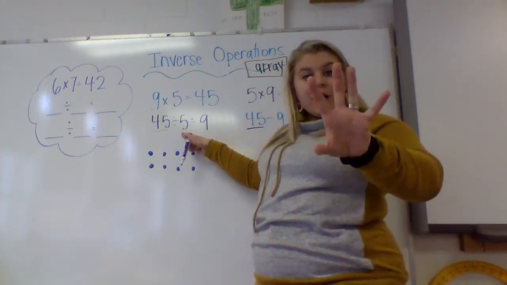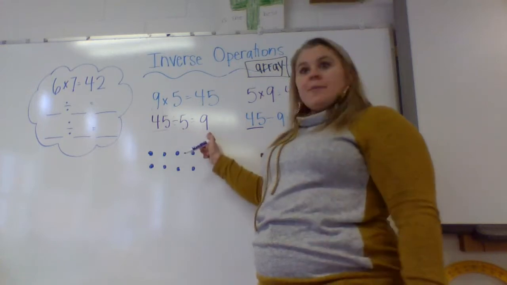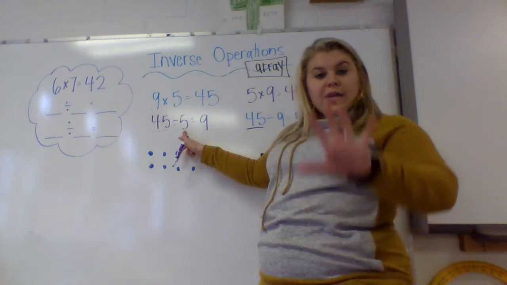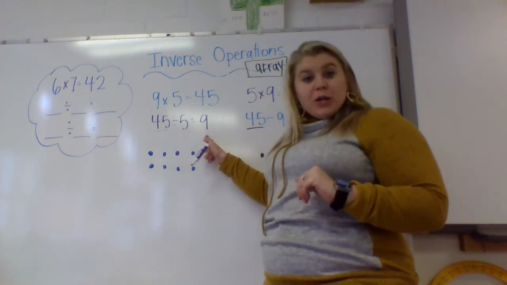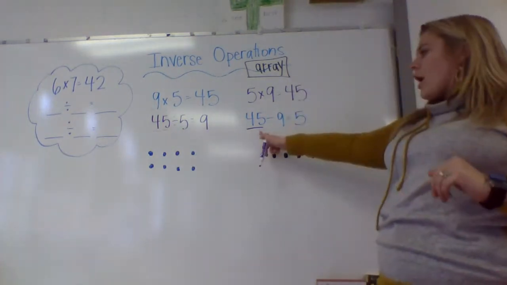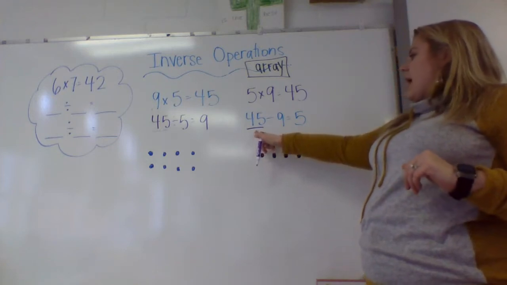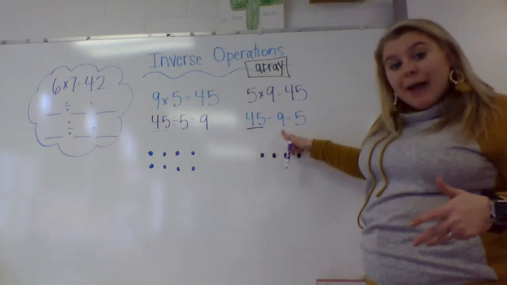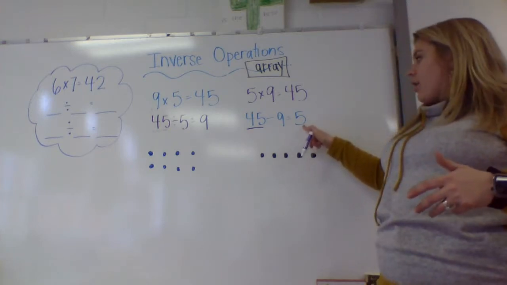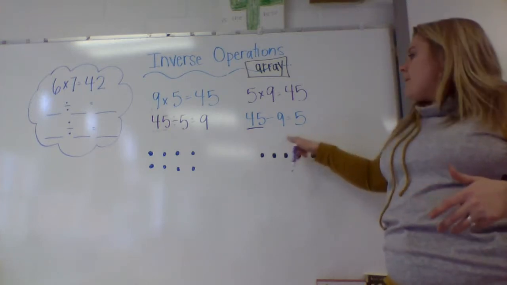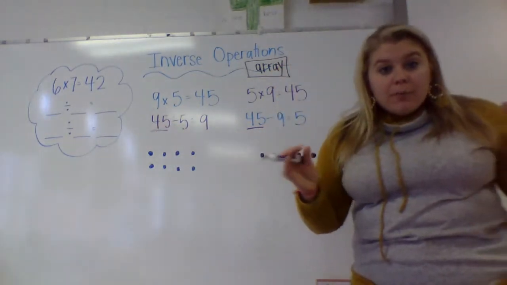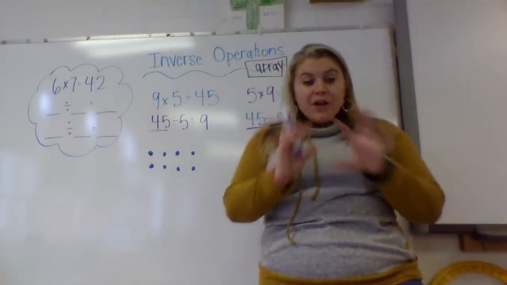How many pieces is each person going to get? 45 pieces of gum divided equally into 5 groups, each group would have 9. Or if I have 45 marbles and I want to divide them into 9 bags, how many is each bag going to have? It's going to have 5. So we're always going to start with our larger number.